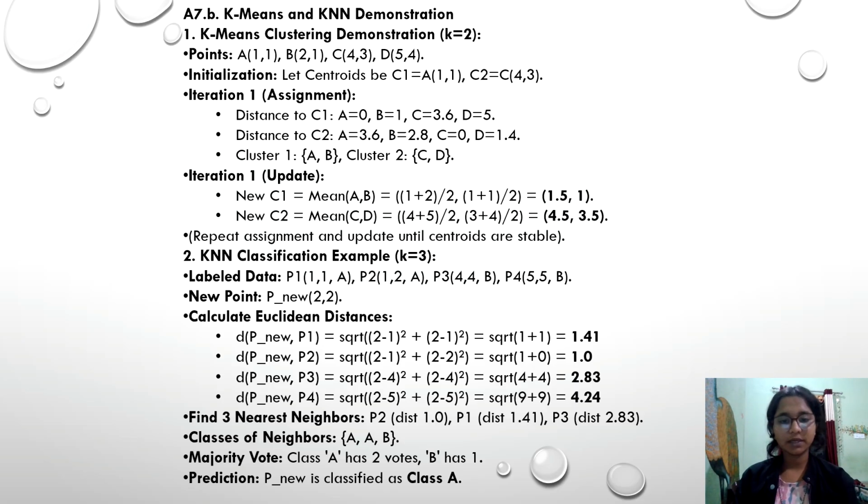So this is all mathematics. Points, initialization, iteration, then iteration, update. Then KNN: label data, new point, calculate Euclidean distance. This is the formula. Find nearest neighbors, the 3 nearest neighbors, classes of neighbors, majority vote, prediction.